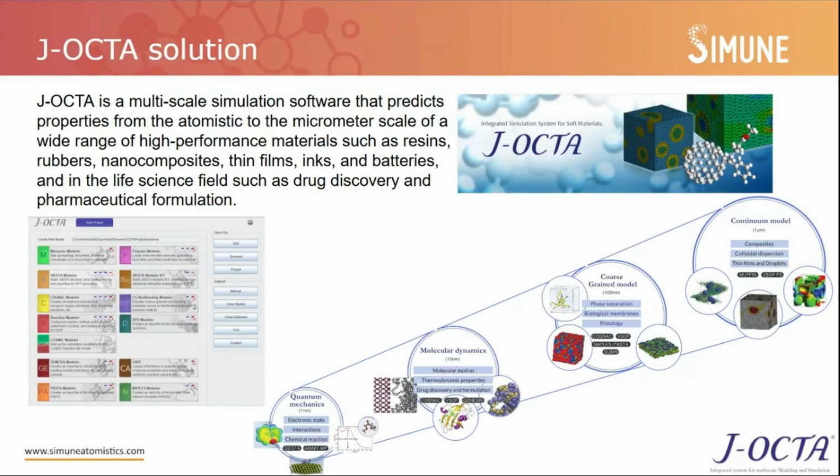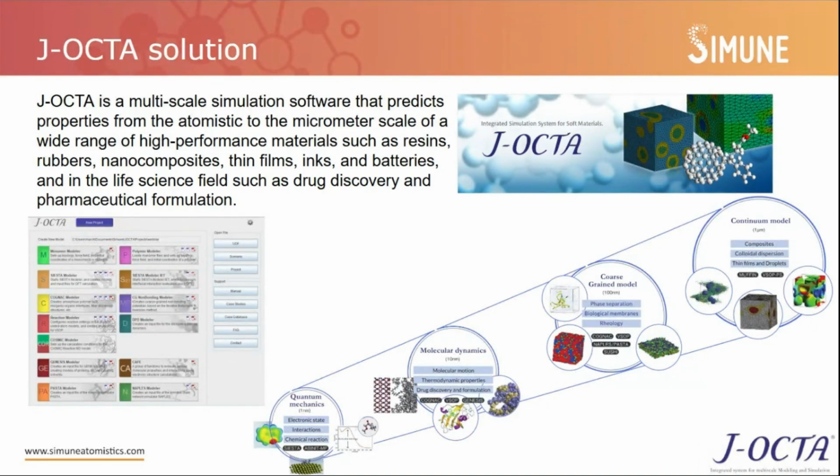So going into more detail, talking a bit more about J-OCTA. It is very important to say that it's a multi-scale simulation software that can predict properties in a very wide range of scales, from the atomistic to the micrometer scale.